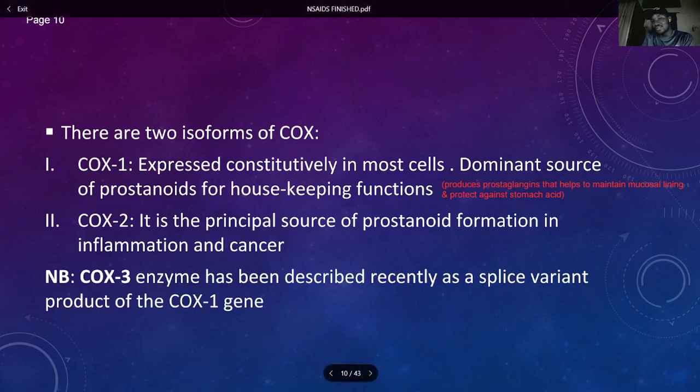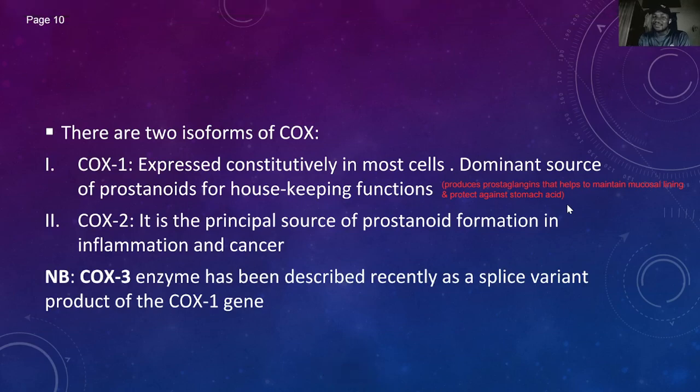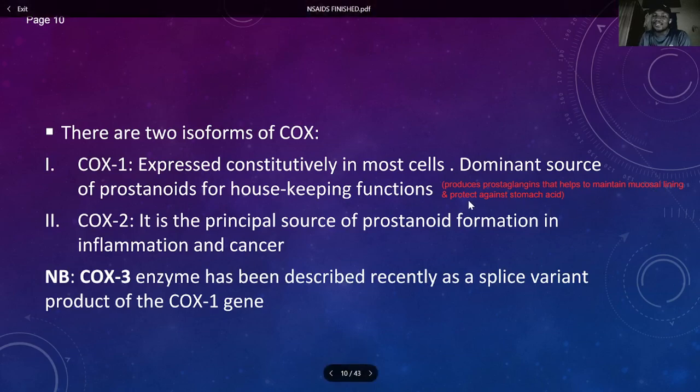I'll just give you this, which is important for you to understand, an example of housekeeping function. It produces prostaglandin that helps to maintain mucosal lining and protect against stomach acid.